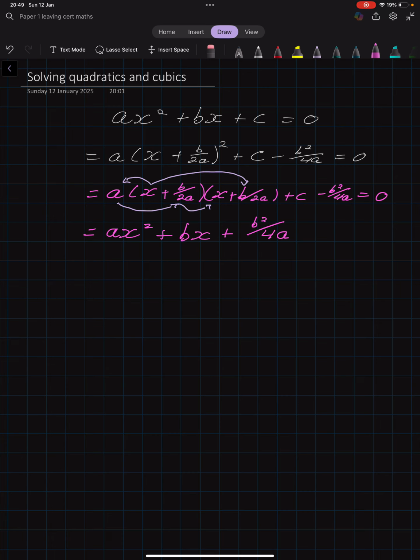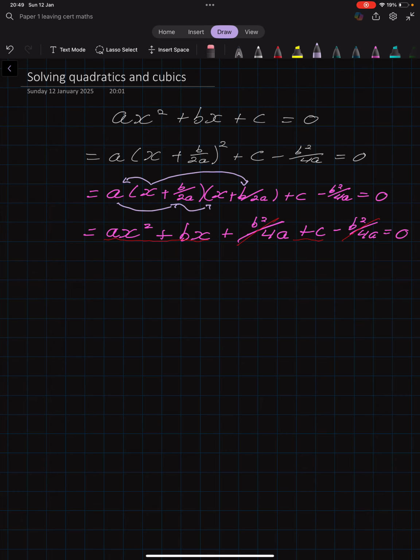This cancels with this, and so I'm just left with ax squared plus bx plus c equals 0. So this is just to show that this line is indeed correct.